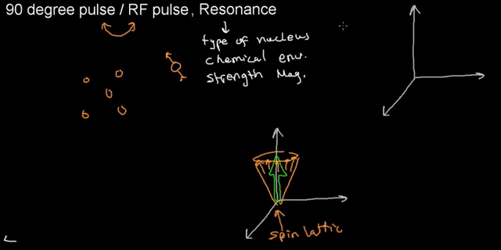Now imagine if I know these two variables, because I know what type of nucleus I'm solving for, I know the strength of the magnetic field I'm applying, I can get information about the chemical environment, which is really what I want. Because if I can map what's all around these hydrogen nuclei, I can pretty much map what is in my sample. And that's the information I want to get. Perfect. We're slowly making our way.